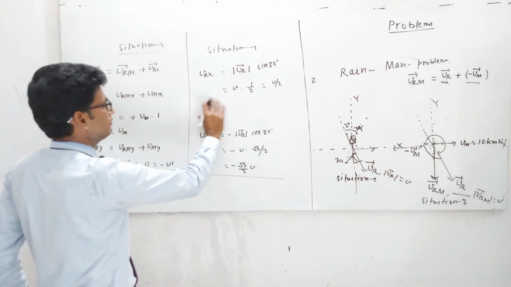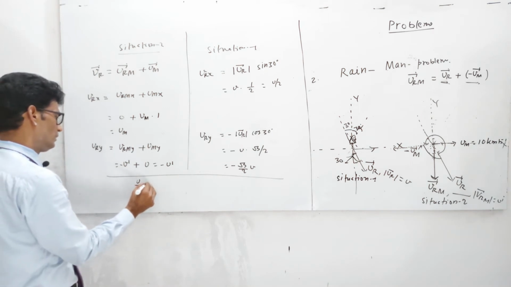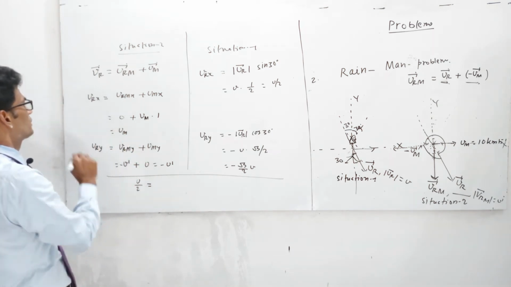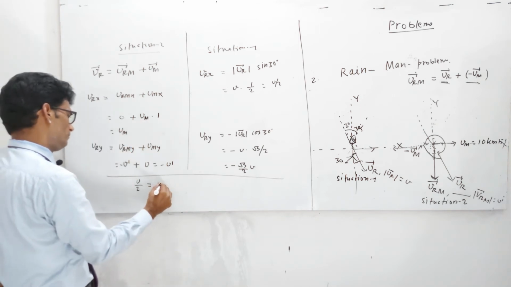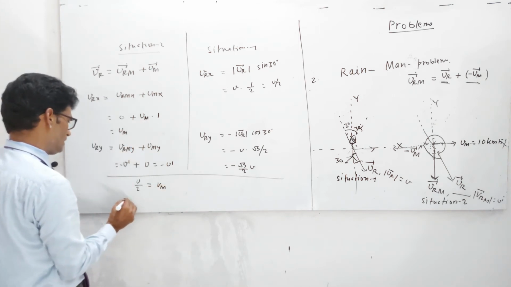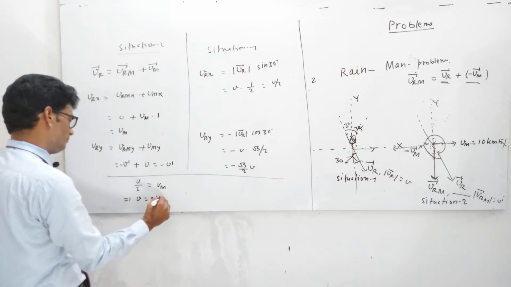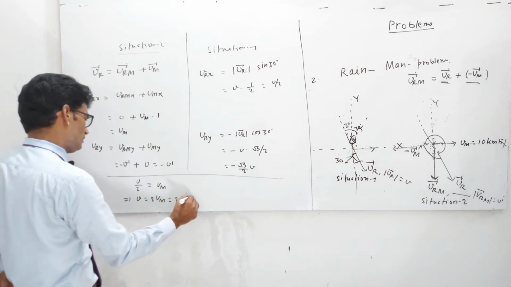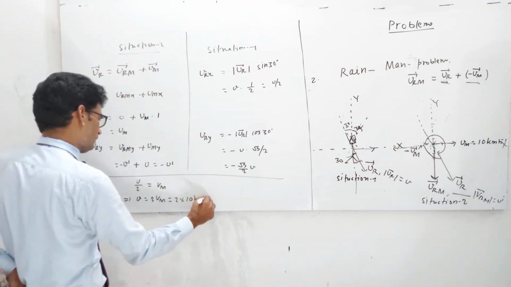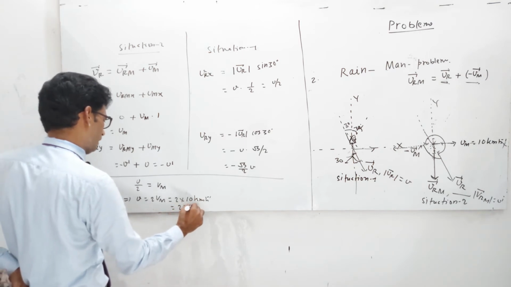In situation 1, Vrx is V over 2, and in situation 2, it is Vm. So this implies V is equal to twice Vm. So it comes out to be twice 10 km per hour. This is 20 km per hour.